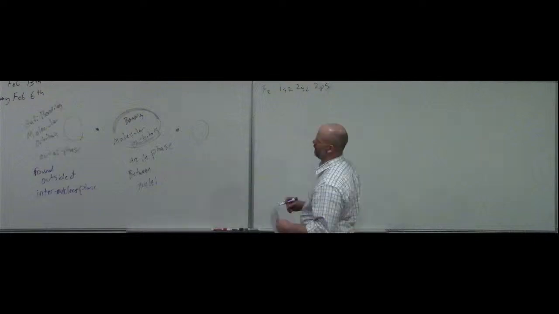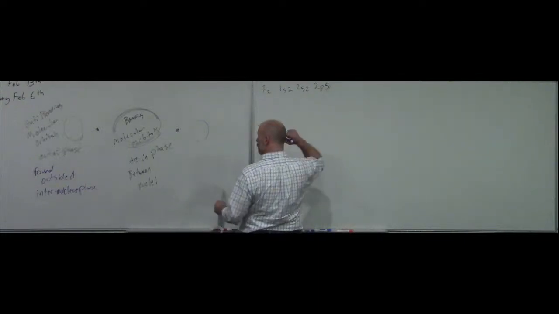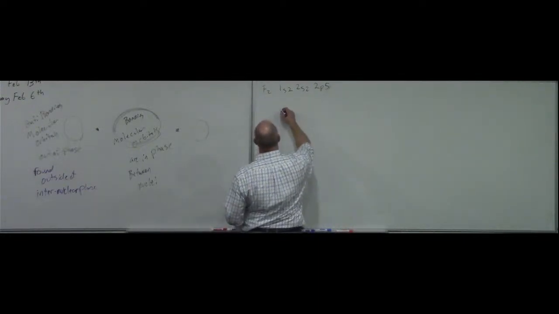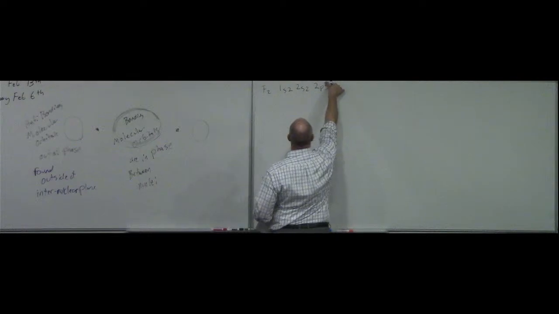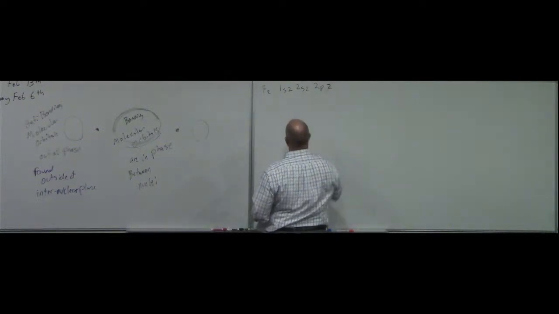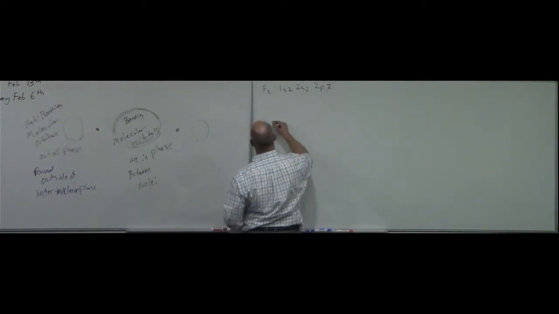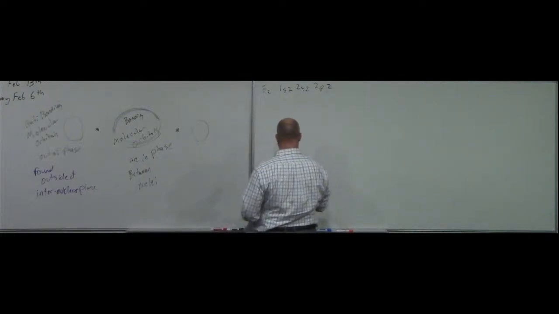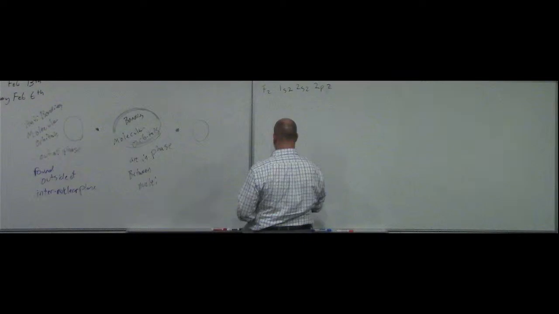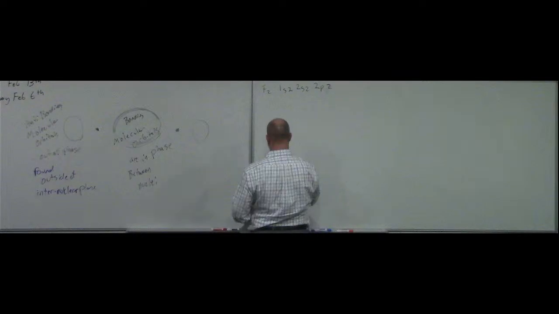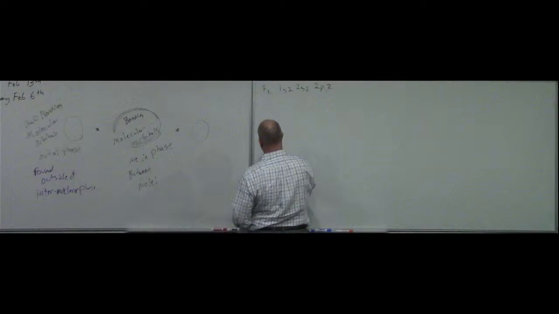Carbon, right? So carbon, we said 1s2, 2s2, 2p2, right? So I should have my 2s, and I should have my 2p, and I should have my pi 2p, right?